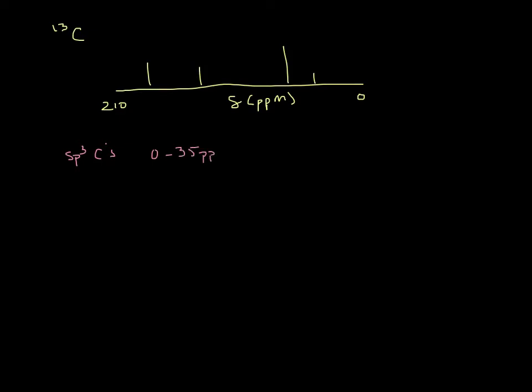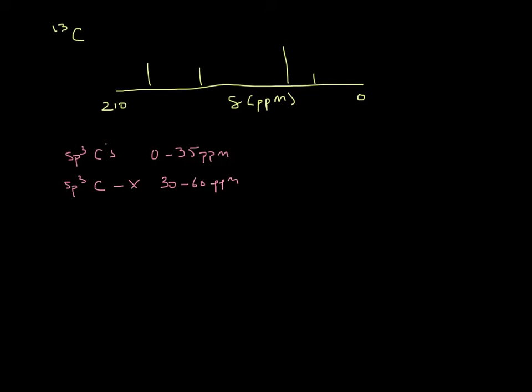So they're the furthest to the right because they're the most shielded. This is similar to how the sp3 CHs are the furthest to the right because they're the most shielded hydrogens in hydrogen NMR. Alright, sp3 carbons that are attached to halogens are next. Those show up roughly from 30 to 60 ppm.